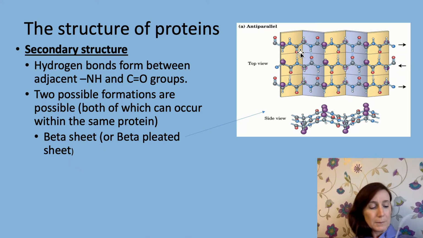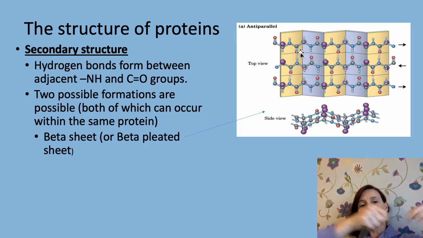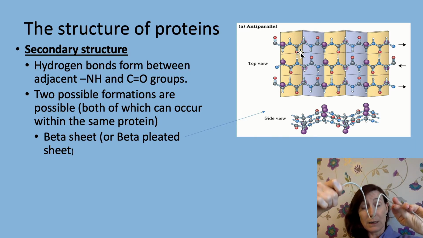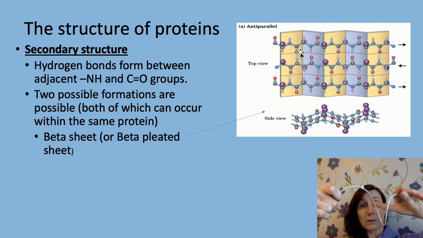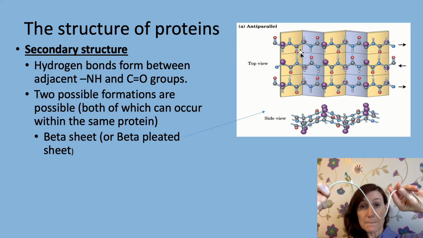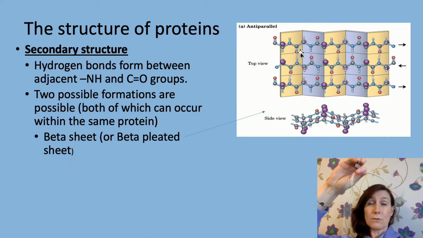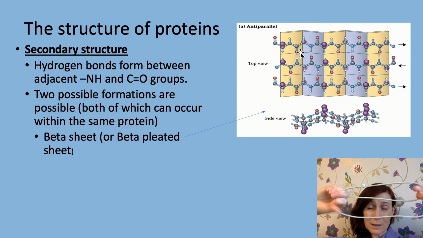If you imagine that this is a strand, we can have it twisting to form our alpha helix like this, and there are going to be hydrogen bonds between 2 sections of the chain. But we could also have the strands folding along one another like this.